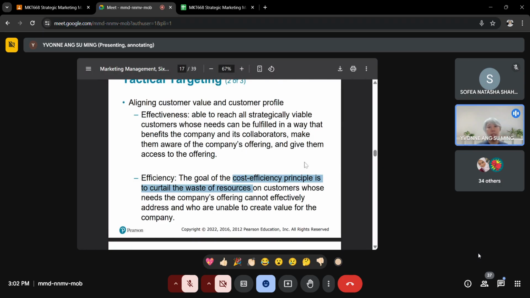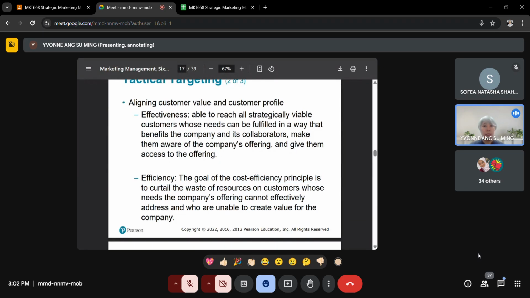So here when we actually do kita punya tactical punya targeting, we must make sure that kita memang boleh, or the money that we spend can actually reach the customers that we actually want to target.